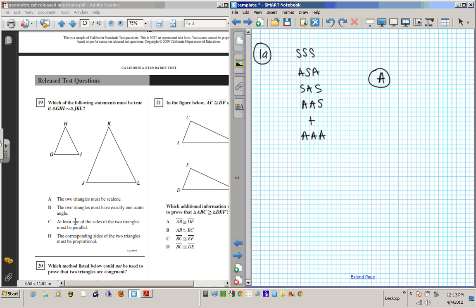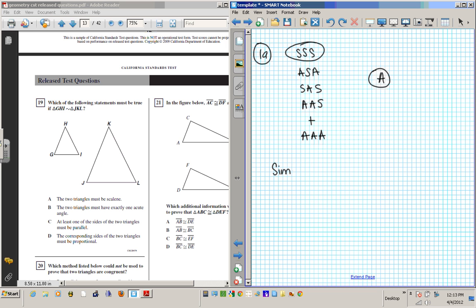At least one of the sides of two triangles must be parallel. One set of sides being parallel doesn't tell me if they're in proportion or congruent or anything like that. The corresponding sides of two triangles must be proportional. If the corresponding sides are proportional, that is the definition of similarity.